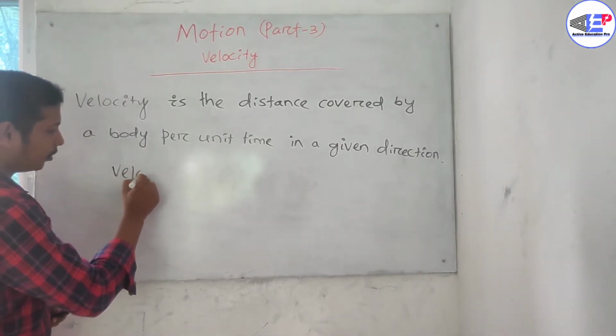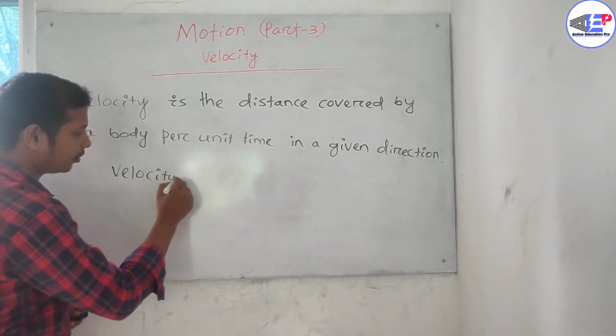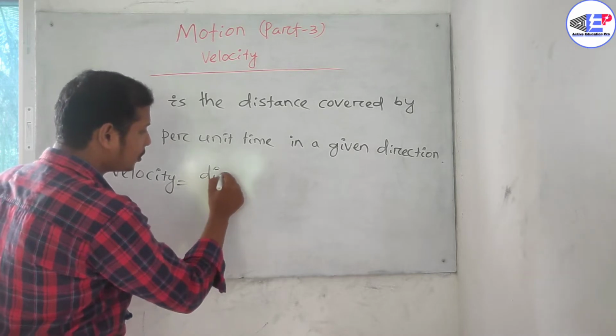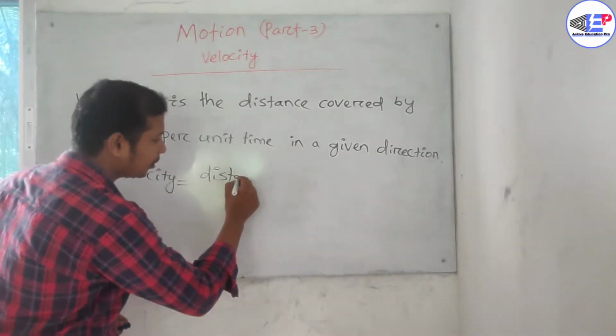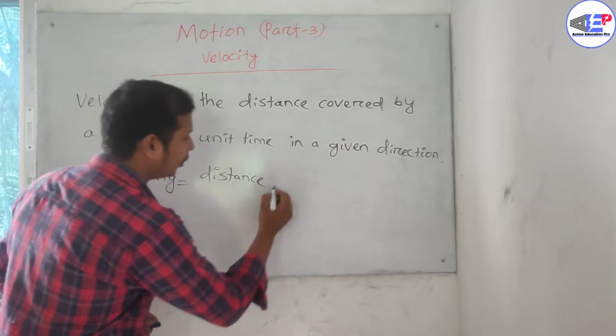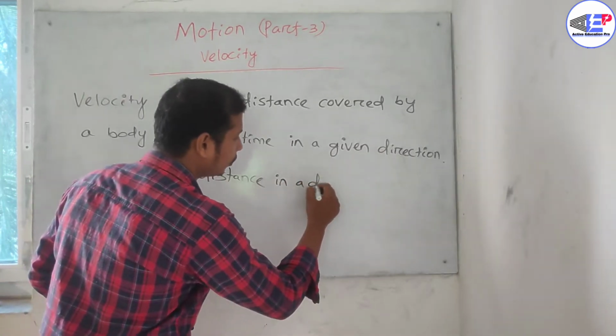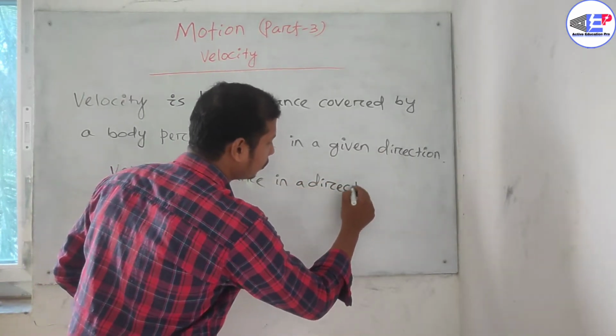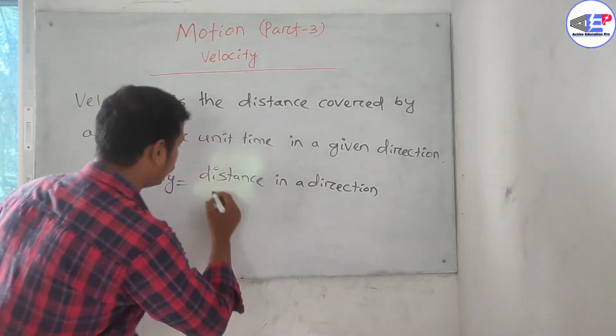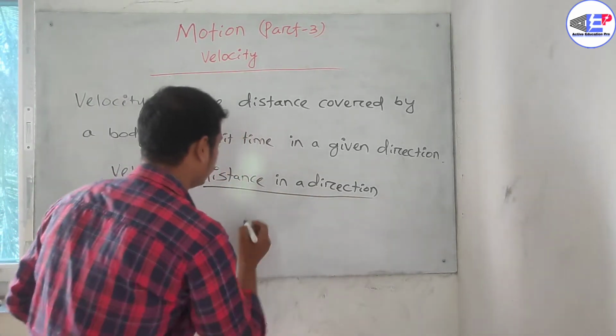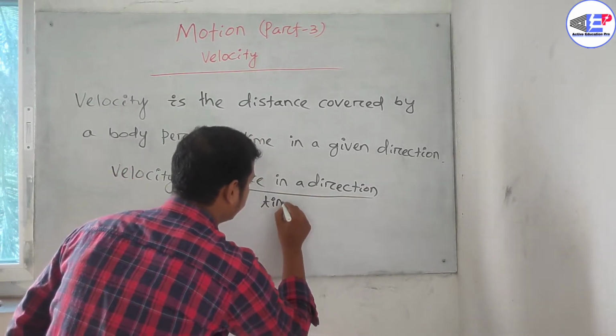So we can write this as velocity is equal to distance in a given direction divided by time.